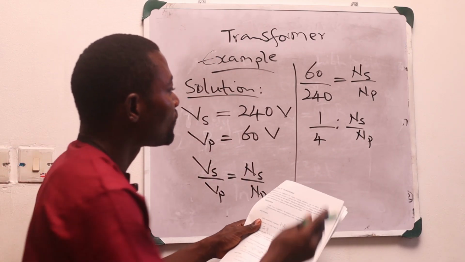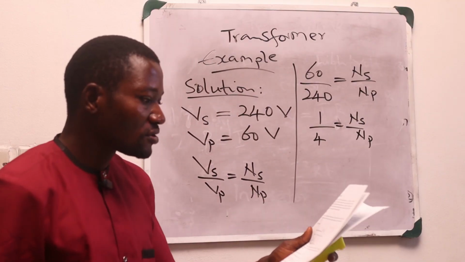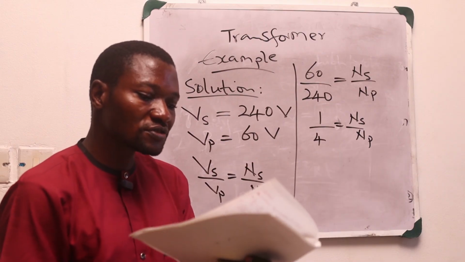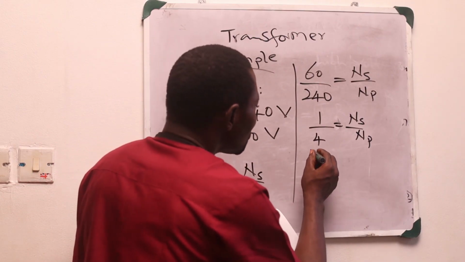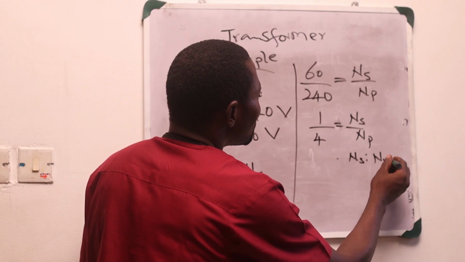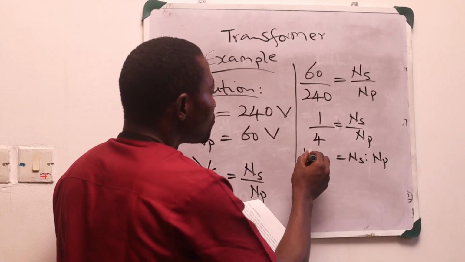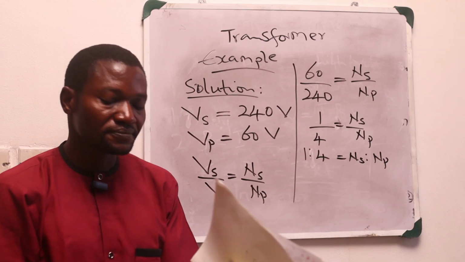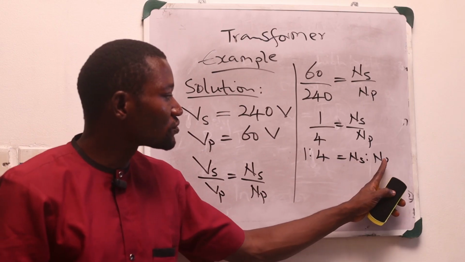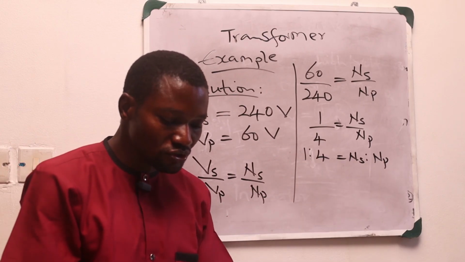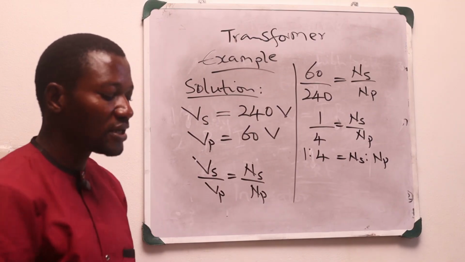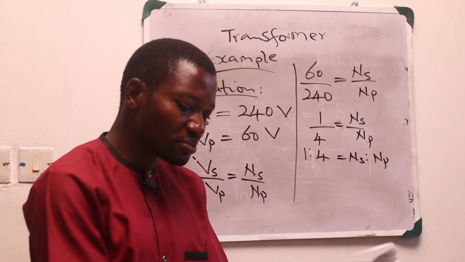We are looking for the ratio of the secondary turns to the primary turns. So the ratio of the secondary turns to the primary turns will be 1:4. So for this transformer, the ratio of the secondary turns to the primary turns is 1:4. It's a very straightforward question. All we need is what? Our formula.